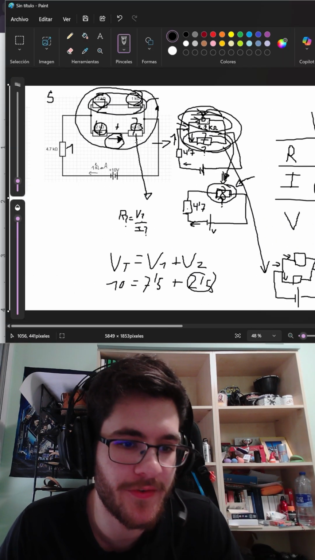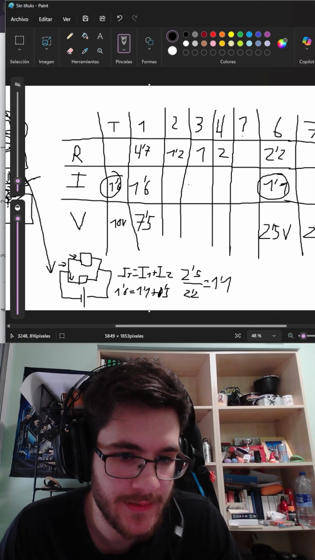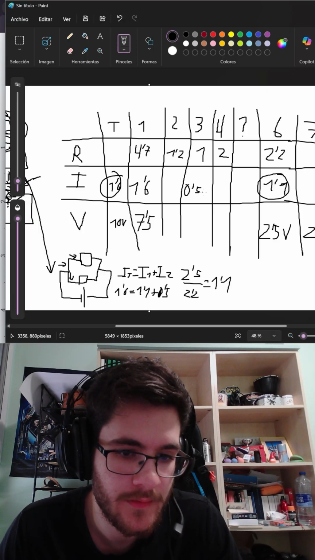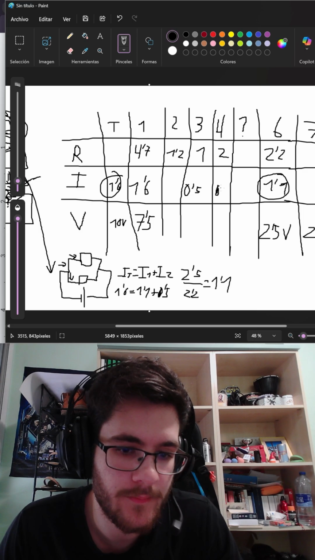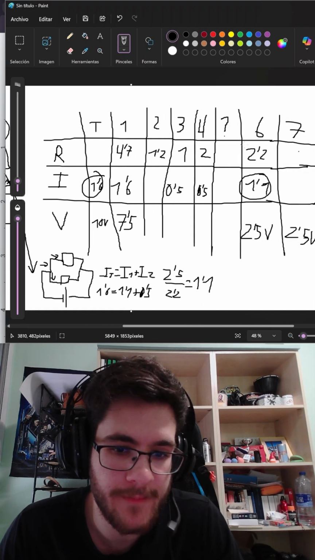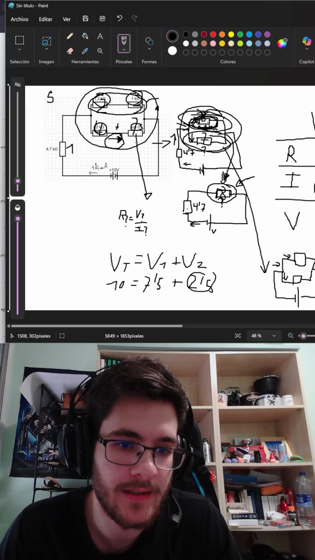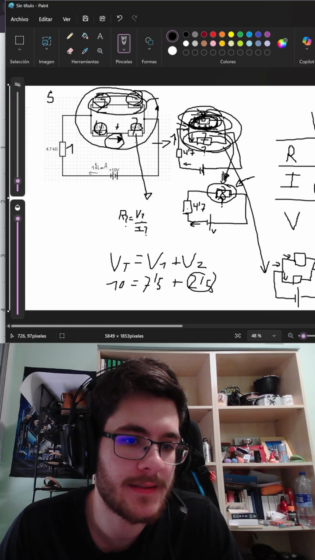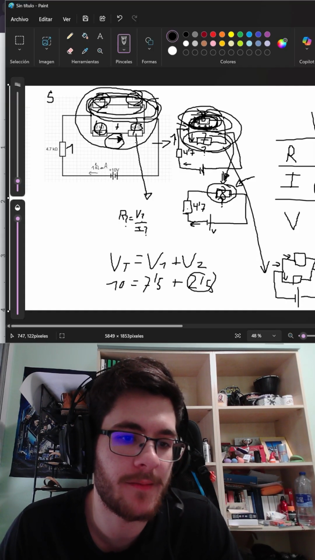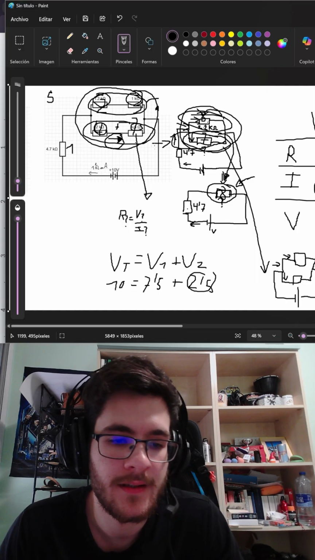So now, our resistance has this 0.5 intensity, and 2 has 1.1. Because this intensity is the same in all the upper branch, and the intensity of 7 is the same in all the lower branch.